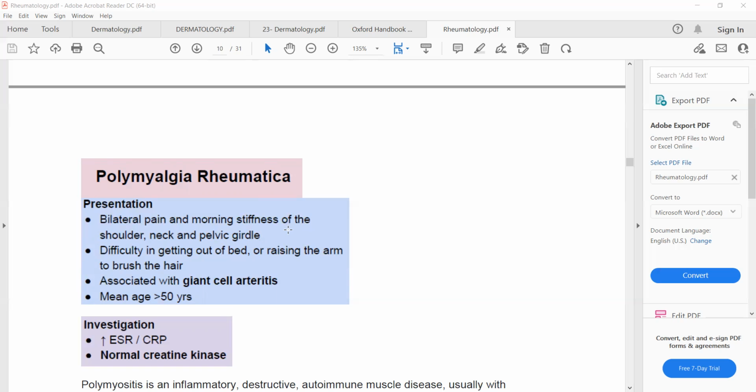Due to stiffness or pain in the proximal muscles, the patient will have difficulty getting out of bed and raising the arm to brush the hair.